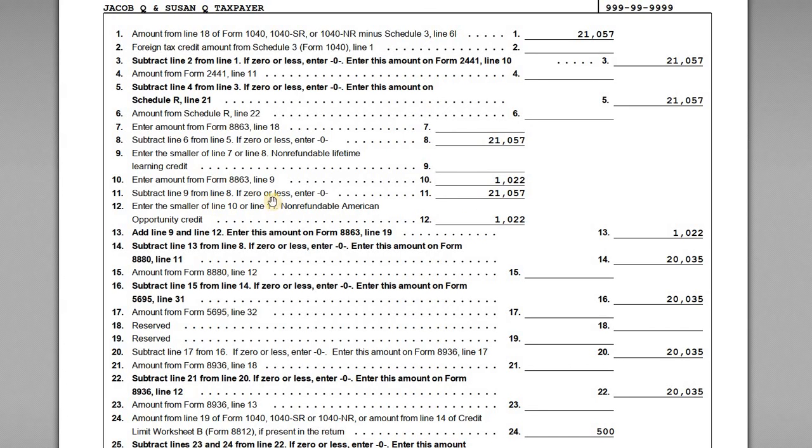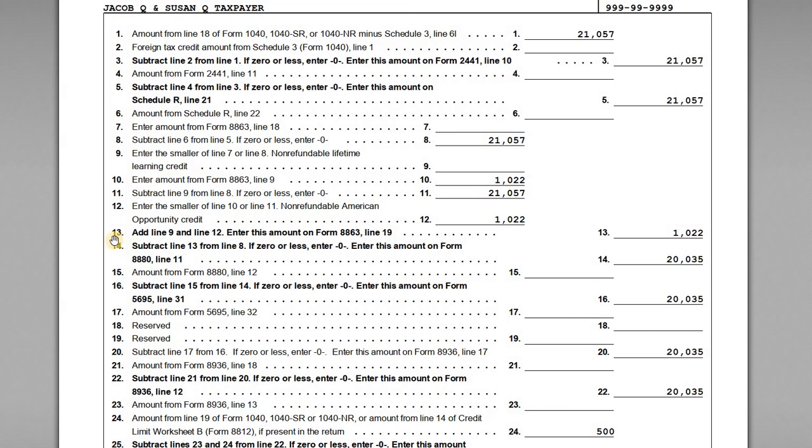We subtract line 9 from line 8. If 0 or less, enter 0. And then enter the smaller of line 10 or line 11, right? So in this case, line 12, the figure is $1,022. So this is the non-refundable American Opportunity Credit amount that's available.